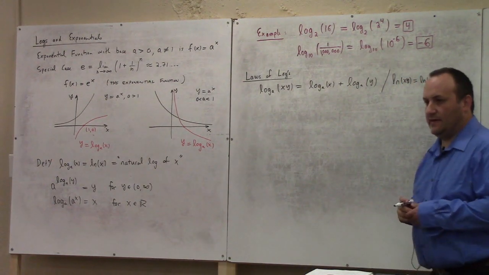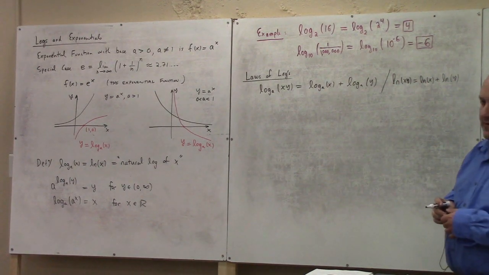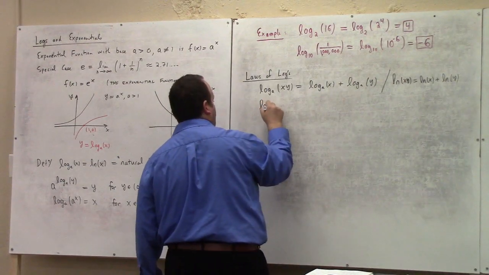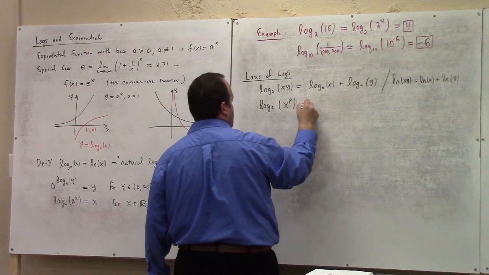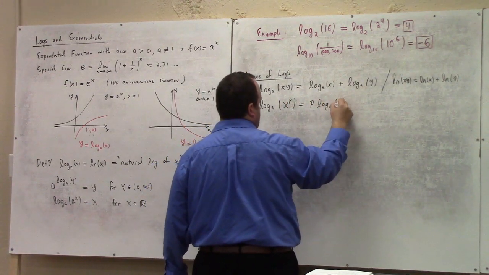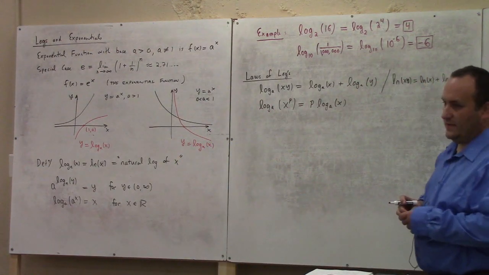That's what that looks like in that notation. There's also a power property: log base a of x to the power p is equal to p times log base a of x. That's another thing that's true.